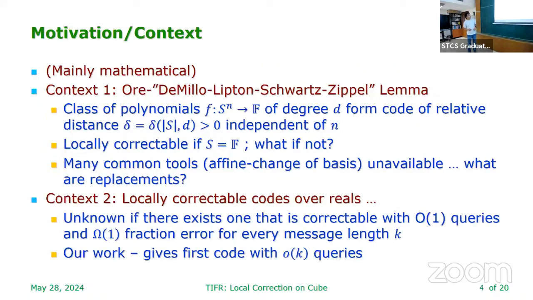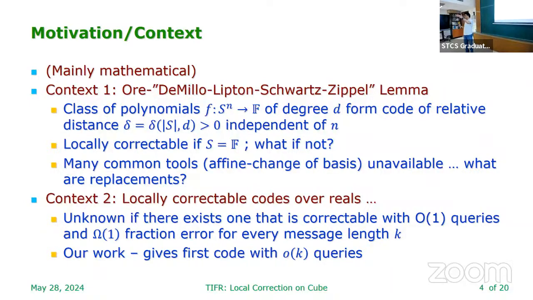So a little bit of context. I mean, it's not so much motivation. Just the motivation is this is a very clean question. One explanation for why this is a clean question is that this is coming from the classical Schwartz-Zippel lemma, which says that if I look at the class of functions which are mapping {0,1}^n to a field, they form a code whose distance, even when the degree d is a constant, is a code of constant relative distance.